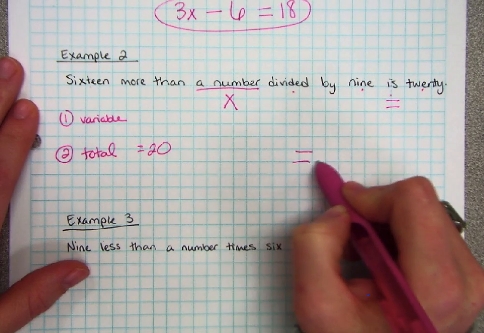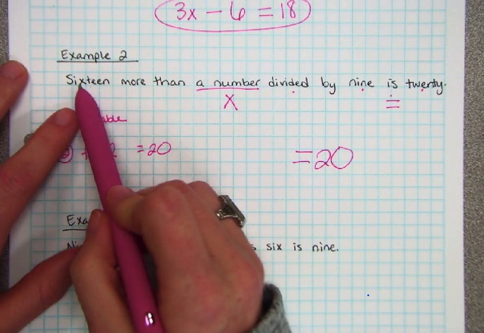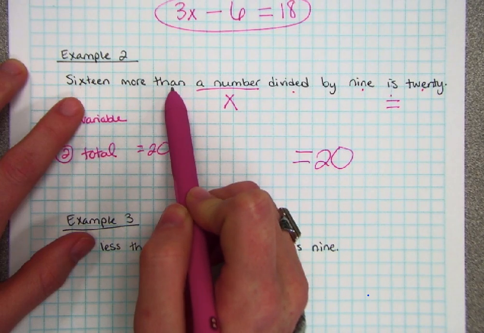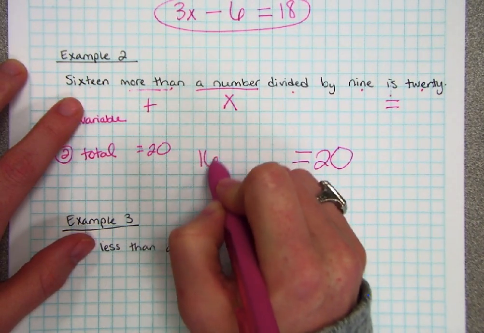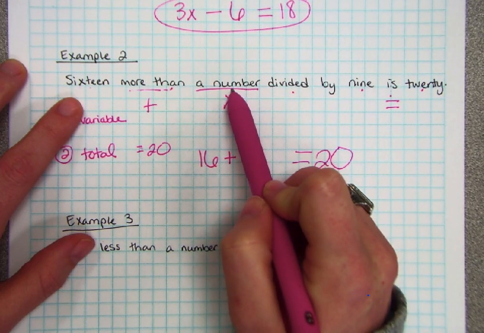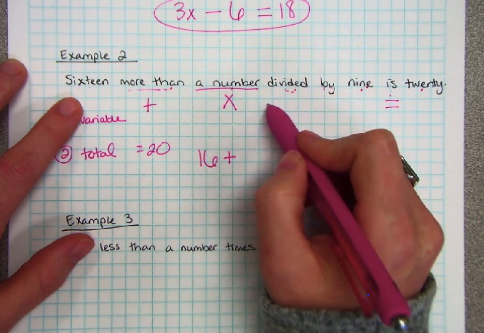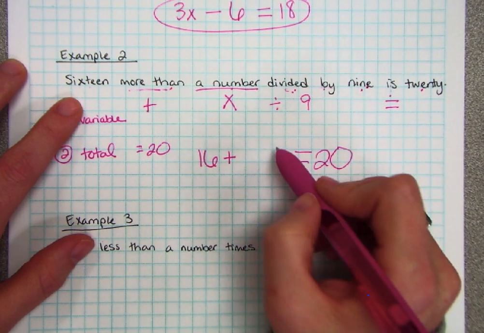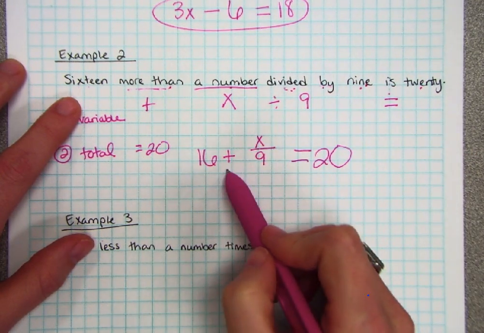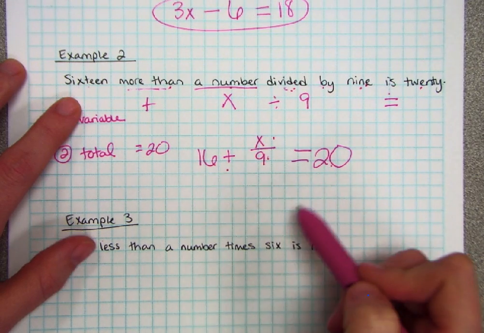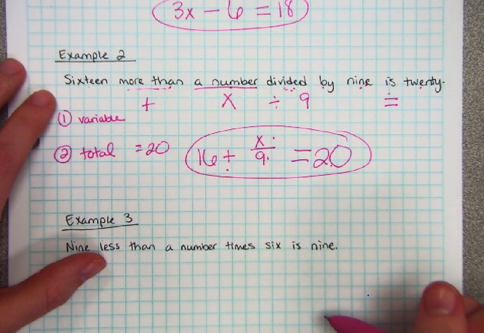Okay, so I know it equals 20. Now let's finish it. 16 more than. More than means add. So 16 more than a number divided by 9. Well, that's easy. I could put x divided by 9, but we see that as a fraction in equations. So 16 plus x over 9 equals 20. So I'm going to write that as my equation.